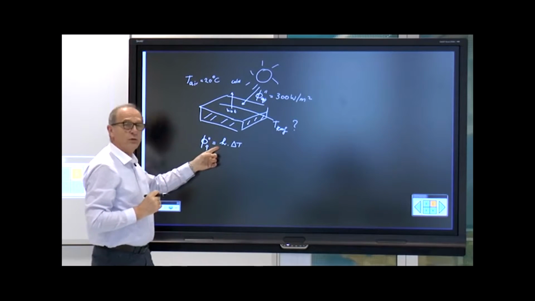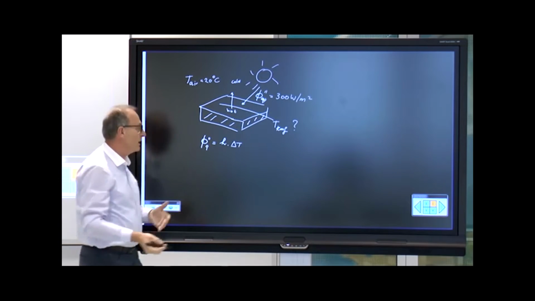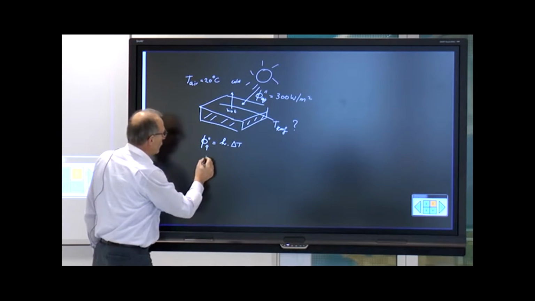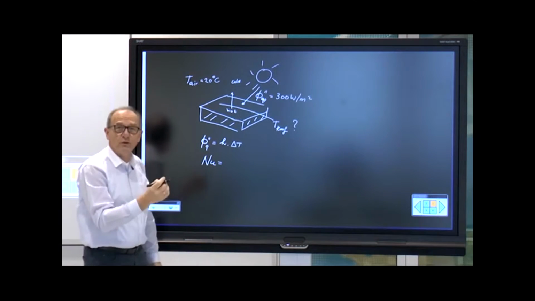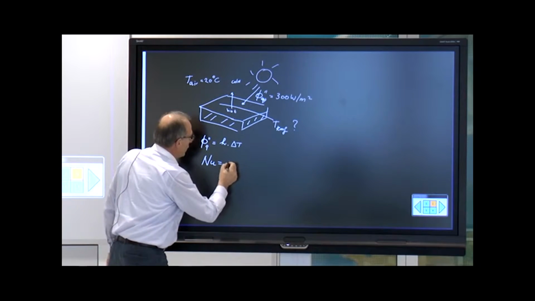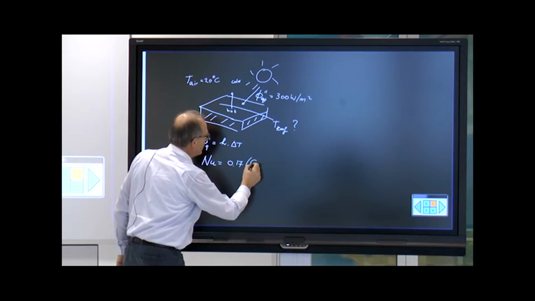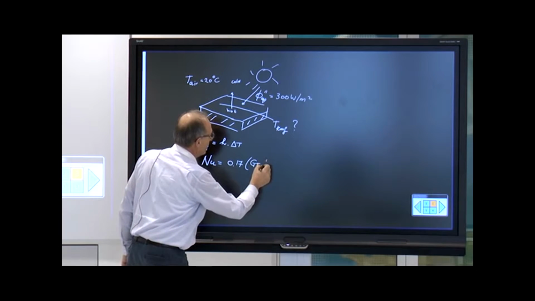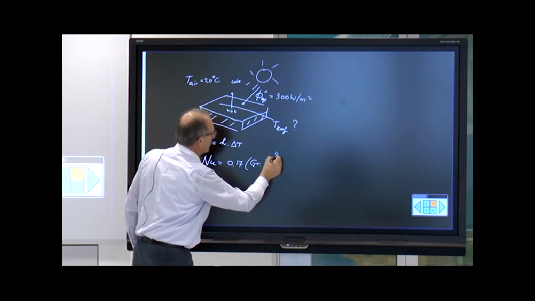Well, how do we calculate the heat transfer coefficient? Then we need a correlation to calculate it. We have learned to look up the correlation which is applicable for free convection of a flat plate. If you look up this equation, you will find a correlation with a Grashof number and a Prandtl number to the power 1/3.